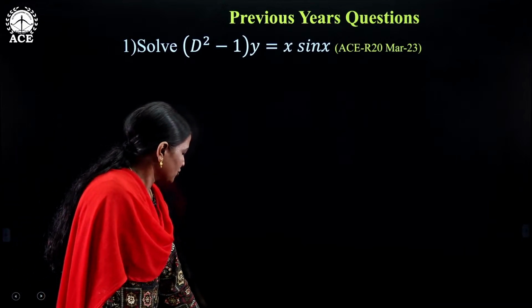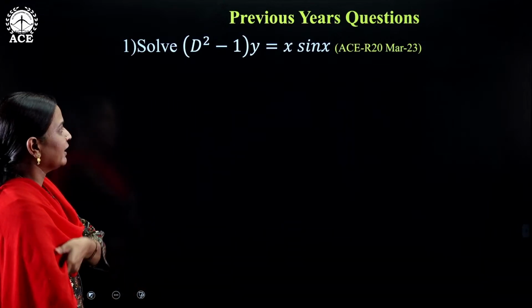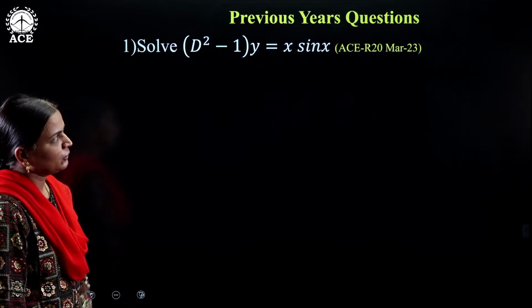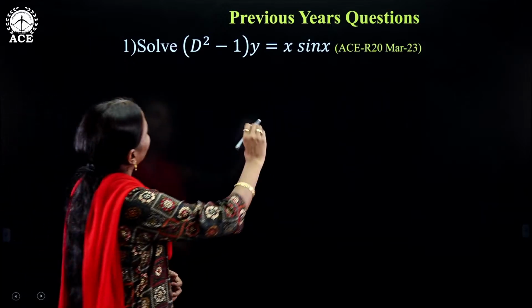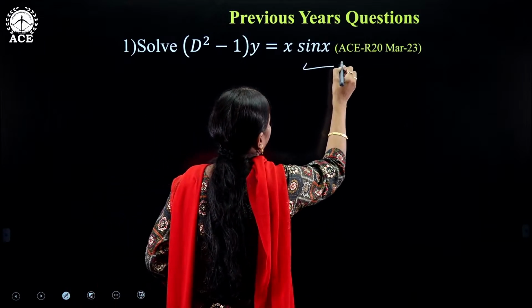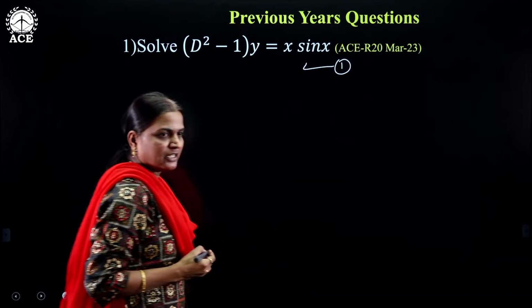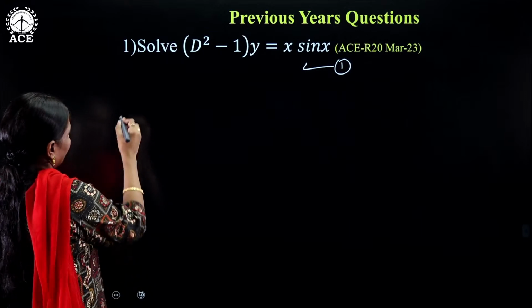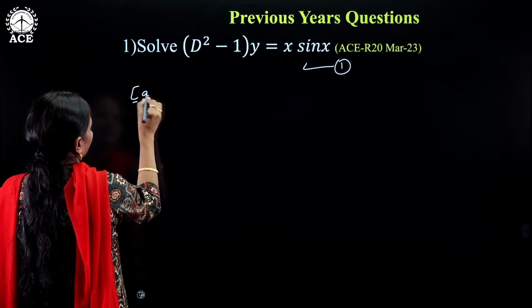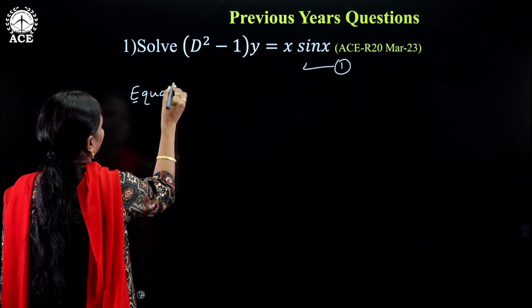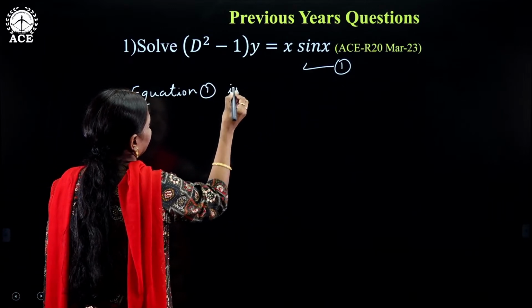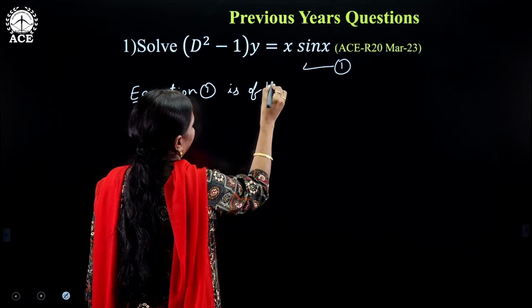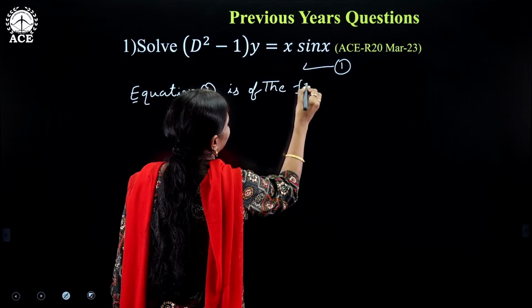Yes, first question, solve: D square minus 1 into y is equal to x into sin x. First, write the standard form of equation 1. Equation 1 is of the form, what is the standard form?